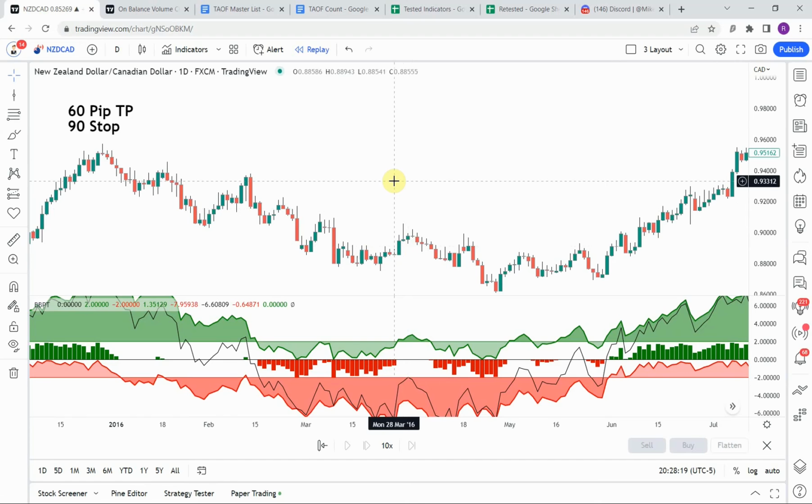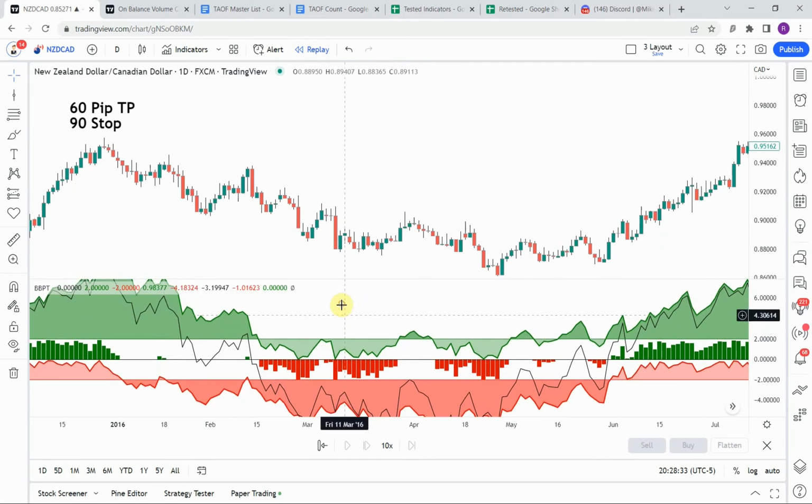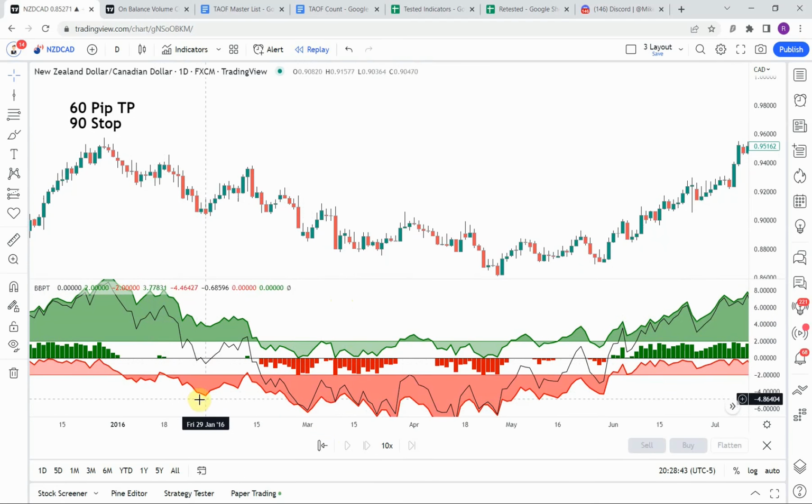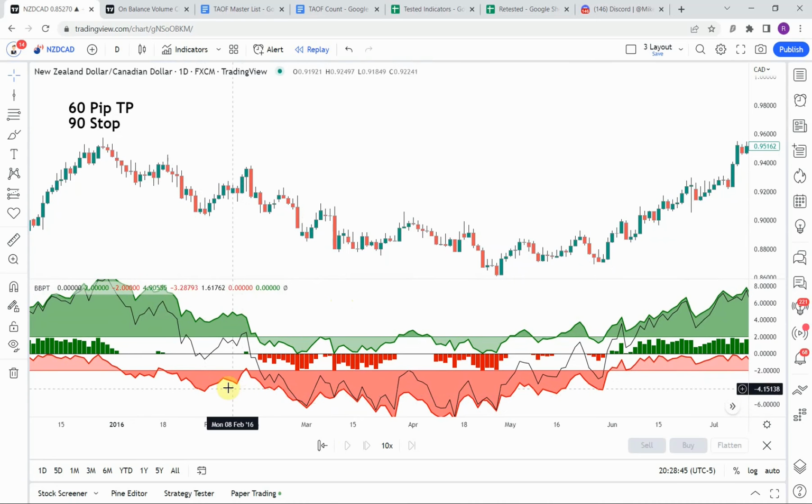Okay, so today we are doing an advanced test on the bull bear power trend indicator, and you can see it here on the bottom of the screen. Basically we have the two zones here, if you will. We have a buying zone and a selling zone, and you can see those are represented by the reddish cloud here and the greenish cloud there.